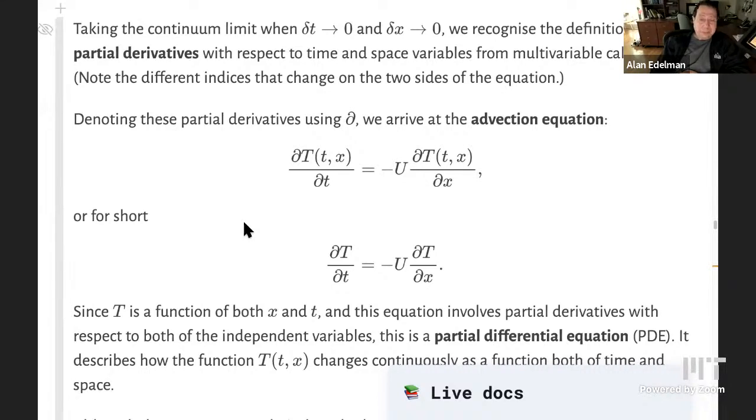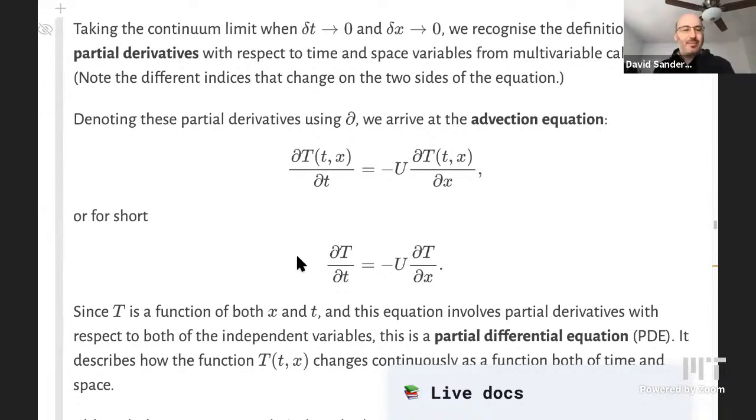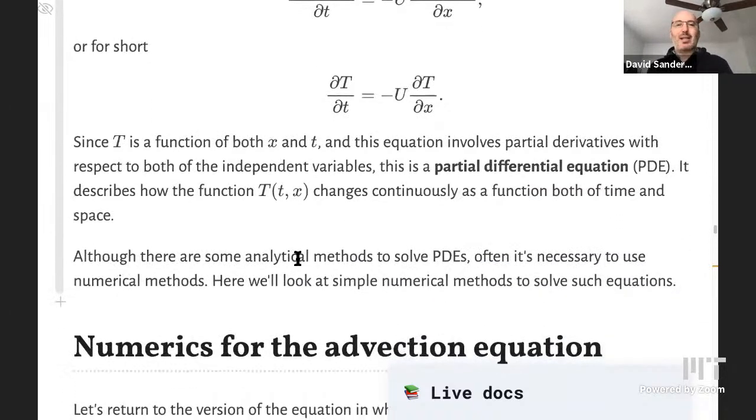If you have a big change in space, a big gradient, then that causes a bigger change in time, because the heat is trying to flow faster to fill in the difference, using anthropomorphic language. Anyway, great.